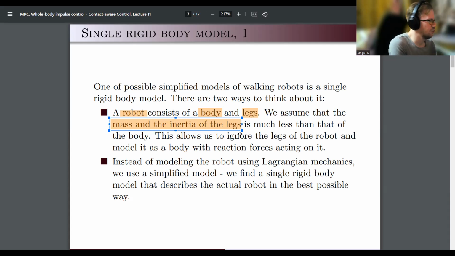That is one idea of how we can think about modeling a robot as a single rigid body.